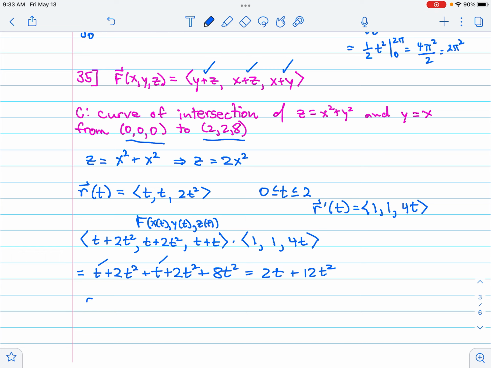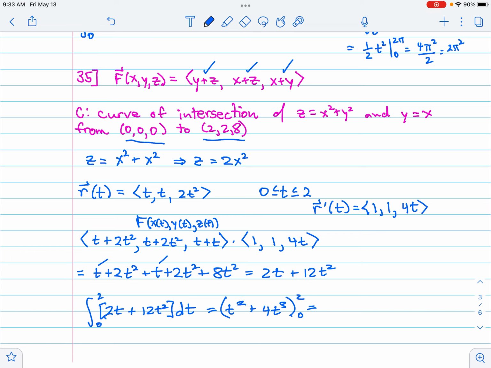And there, all we do now is we put that in our integral. Our bounds are 0 to 2. We've got 2t plus 12t squared. And then we just integrate that, and we get t squared plus 4t cubed from 0 to 2.